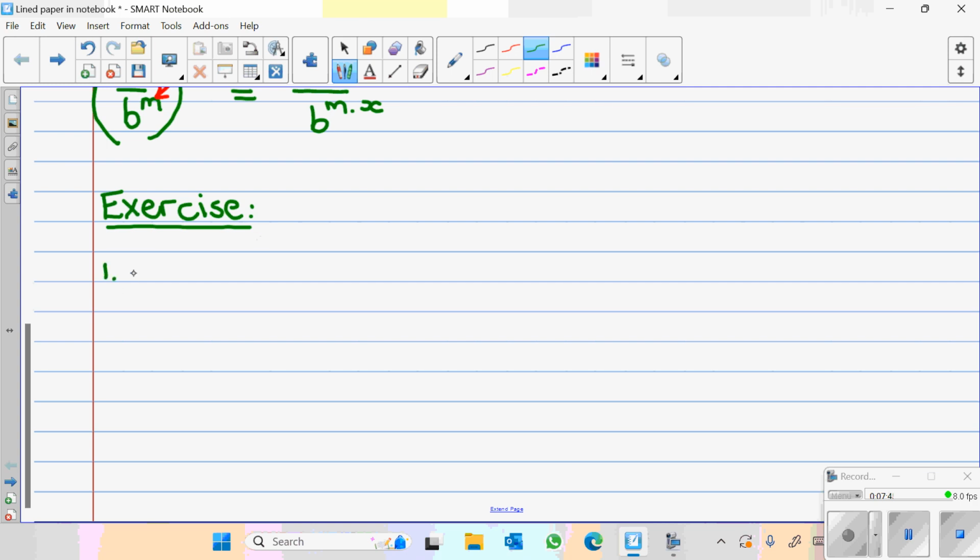So the first one. It's a very simple application of the first 2 laws, where we said if you multiply, you add, and if you divide, you subtract.